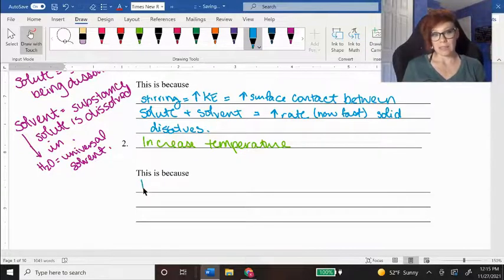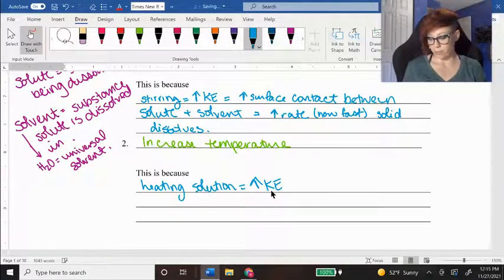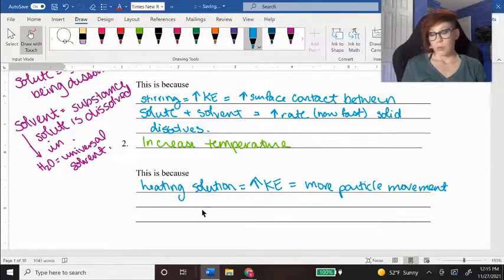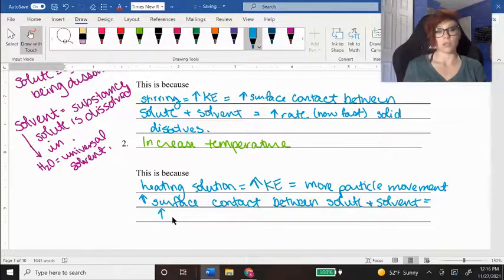So heating a solution causes an increase in kinetic energy, which means that we have more particle movement, which again is causing that increase in your surface contact between the solute and the solvent, which causes you to increase the rate at which your solid is going to dissolve.